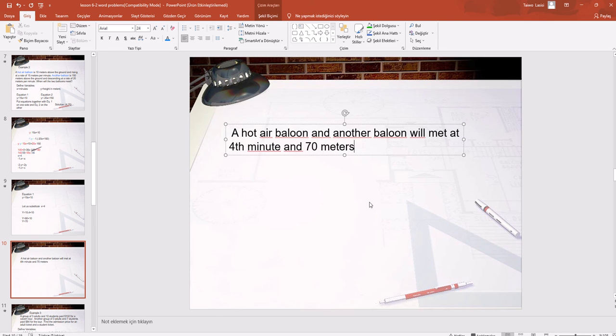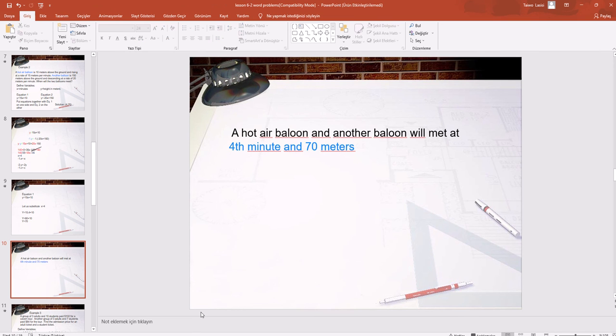So this is our answer. One is going up, the other one is going down, and they will meet at this time, 70 meters. Any questions?